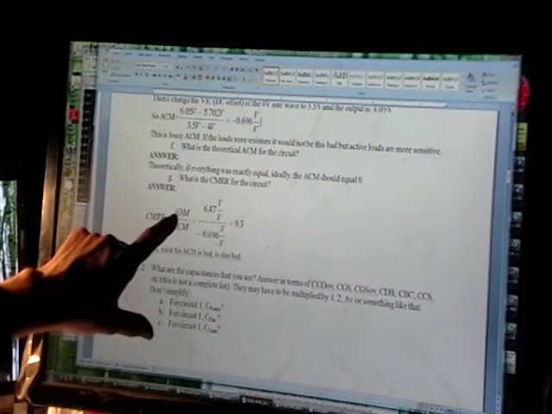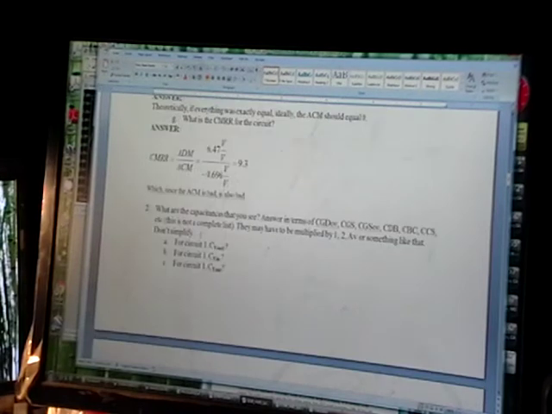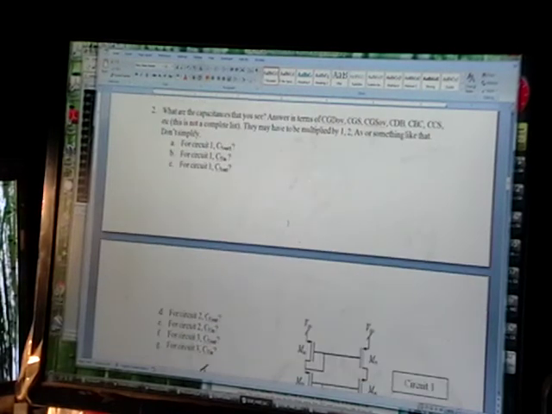If these were resistors, then your common mode gain would be pretty close to zero. Okay, common mode gain, and then the common mode rejection ratio is just your differential gain over your common mode gain. There's that.